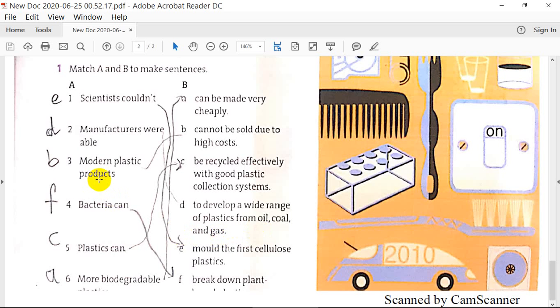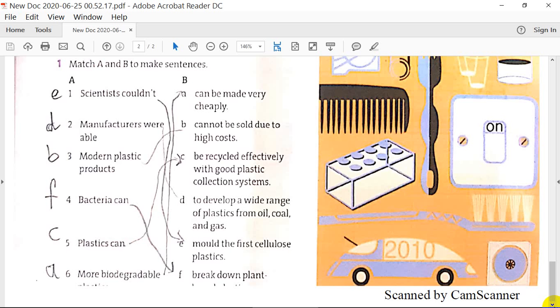Number 3, modern plastic cannot be sold due to modern high cost. Bacteria can break down plant based plastics. Number 5, plastic can, the answer will be what?